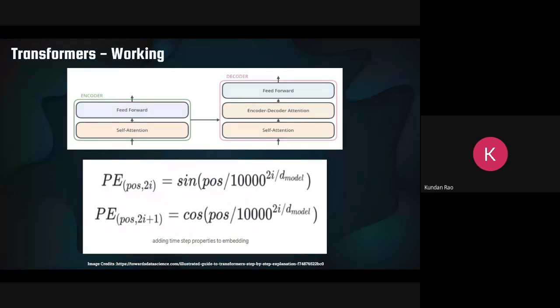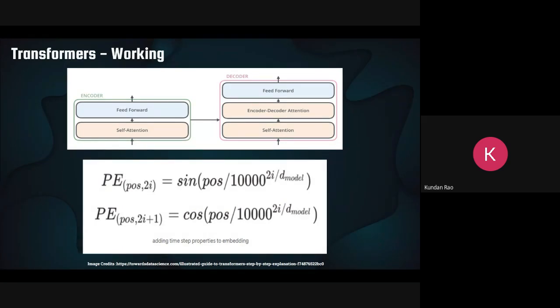Before we give the input to the transformer, we perform word embedding. As Achala told before, I guess you have understood what word embedding is. So we first pre-process the given sentence by performing word embedding, and then we perform something known as positional embedding.